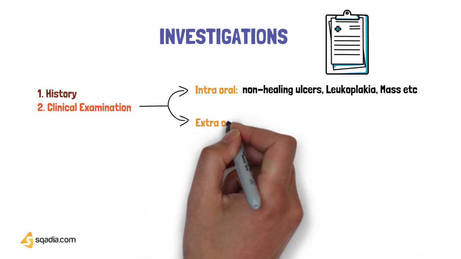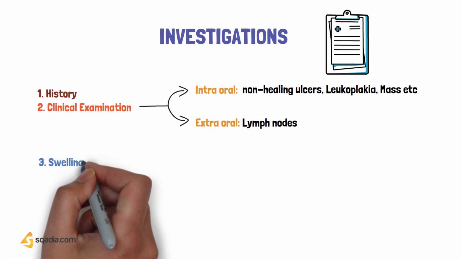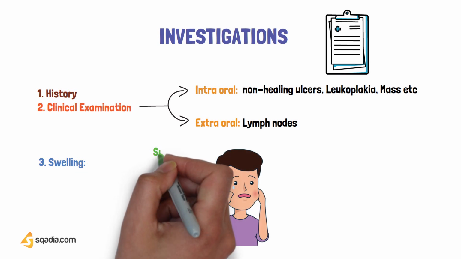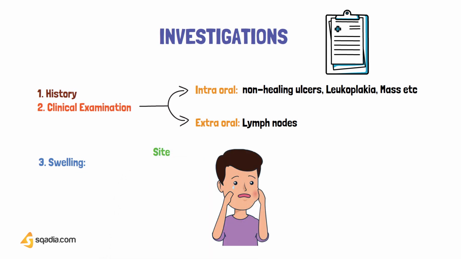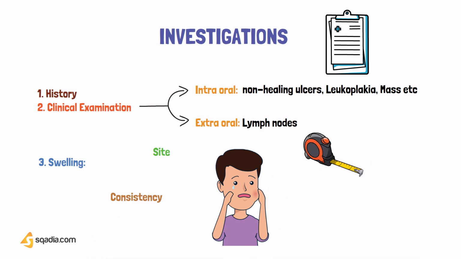And for extraoral, we're going to check out the lymph nodes. We're also going to see if there is any swelling present. Now, if there is a swelling, we're going to check its site, consistency, how big it is, and the color. And we're going to ask the patient if it is painful or not.